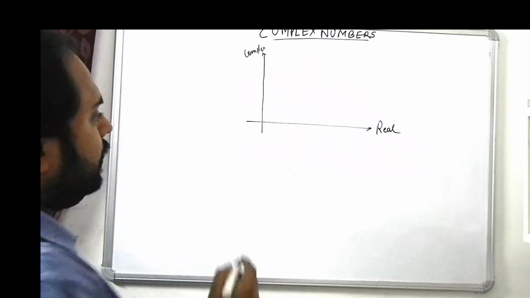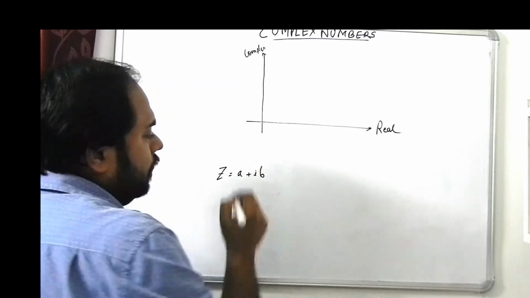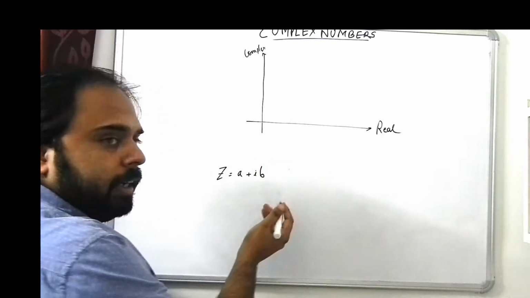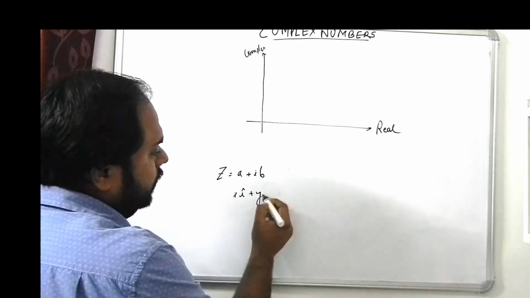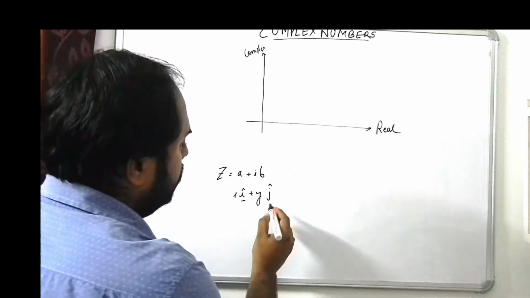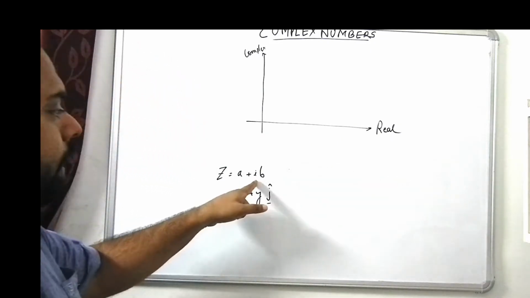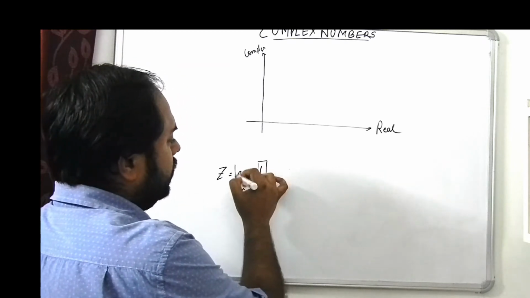Now any complex number z is equal to a plus iota b. Let's treat it as a vector, which we write like x i cap plus y j cap. This is the unit vector in the x direction, and this is the unit vector in the y direction. Likewise, b is the imaginary part and a is the real part.